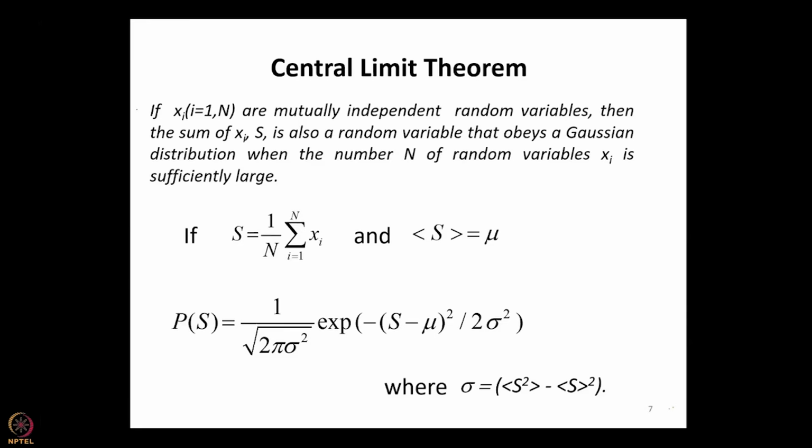It's a very well-known theorem, and I discussed last time that if I have a quantity S, which is the sum of n random quantities, then when I sum it up, that sum has a Gaussian distribution. That's called the central limit theorem.